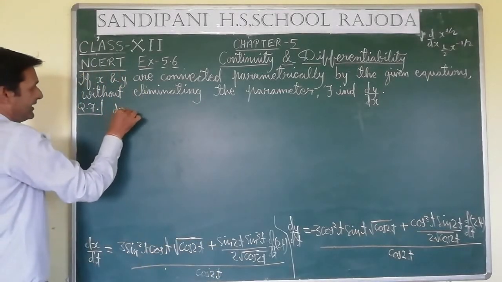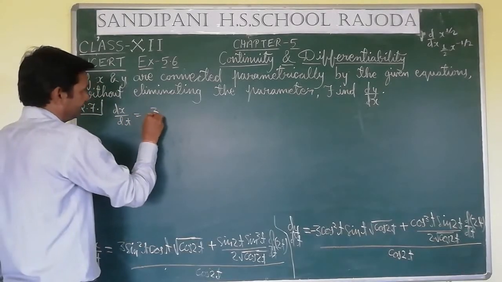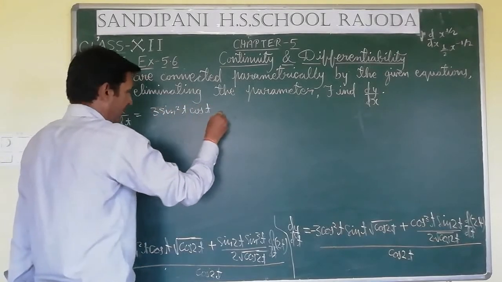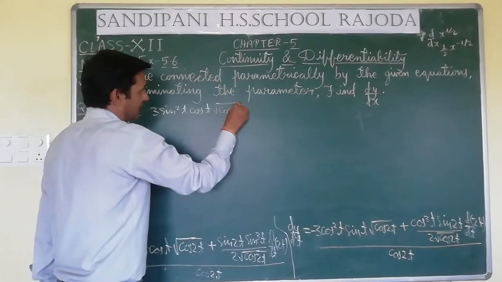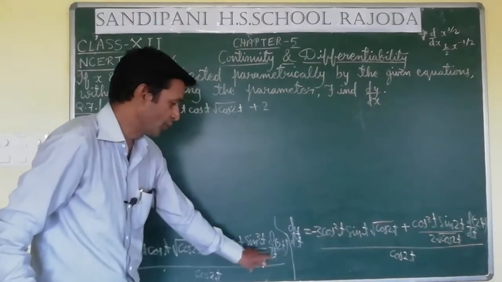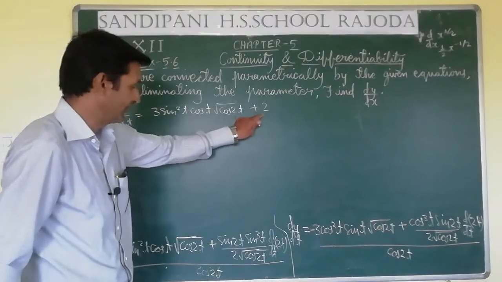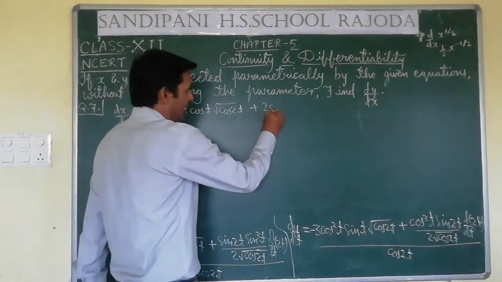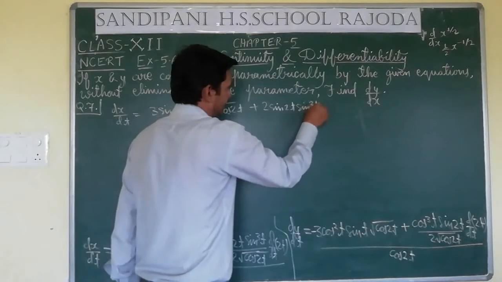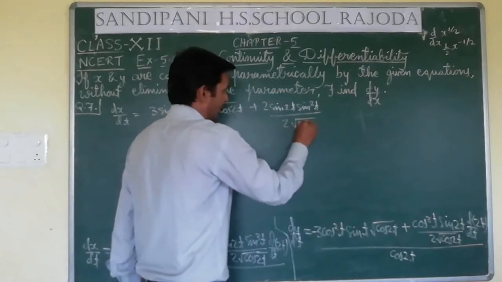So dx by dt is equal to 3 sin square t cos t root cos 2t plus 2, because differentiation of 2t is 2, d by dt of t is 1, and that 2 is taken out, so it will be 2 into 1, that is 2. 2 sin 2t sin cube t upon 2 root cos 2t.